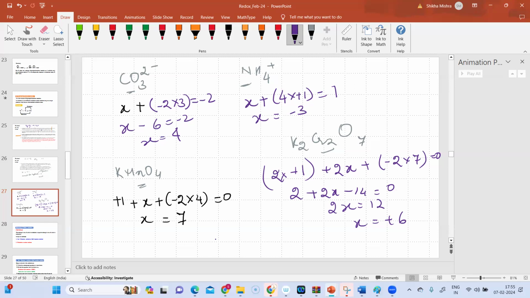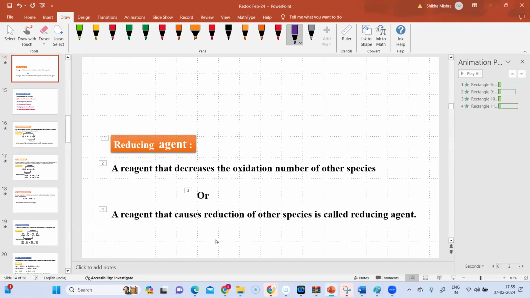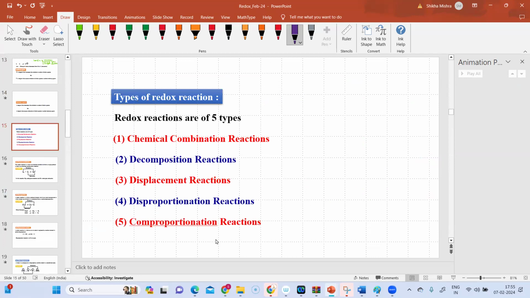Okay. Before moving to the next topic, or the previous topic, which I thought I will be teaching you later, later means now. Before doing this, we must remember during oxidation reaction, oxidation number increases.